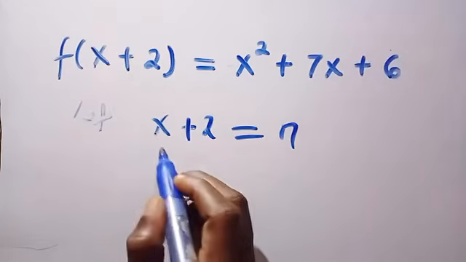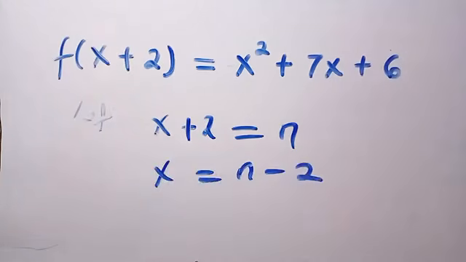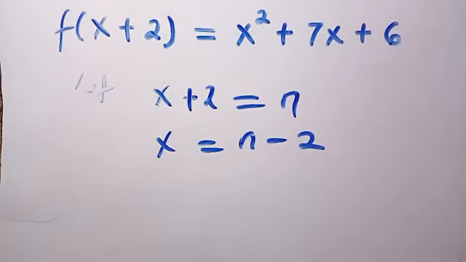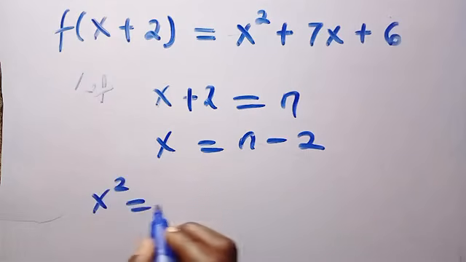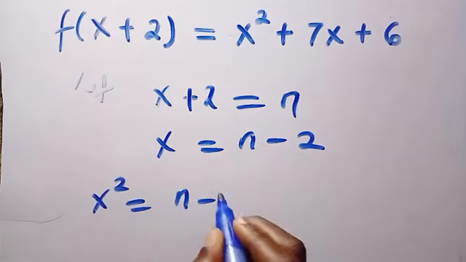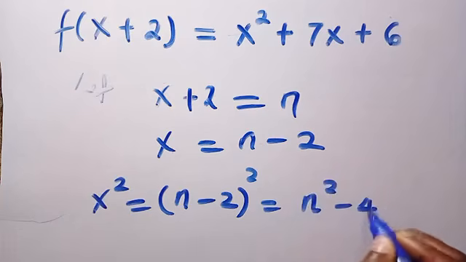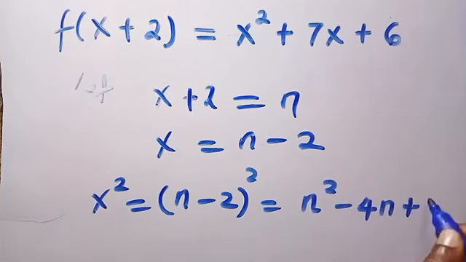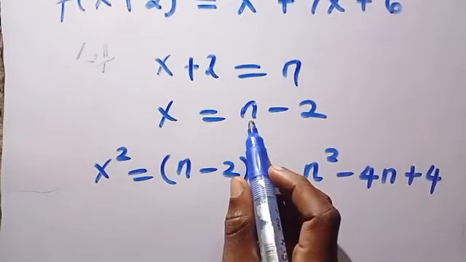And we make x the subject by having n minus 2. So having x equals n minus 2, then we take the square of this. By taking the square of this, we have n minus 2 squared, which equals n squared minus 4n plus 4.